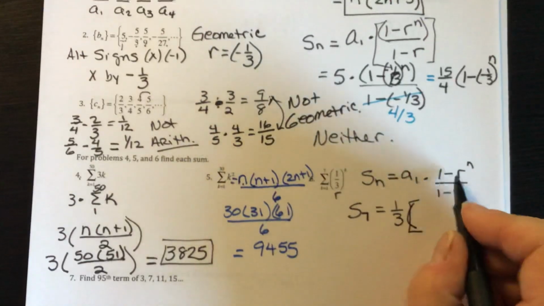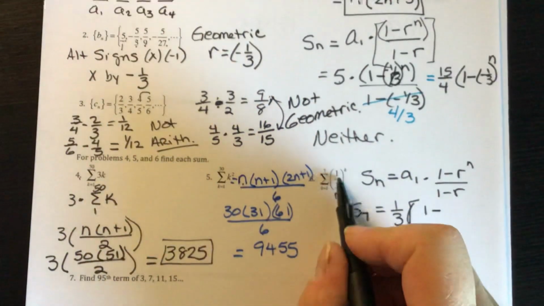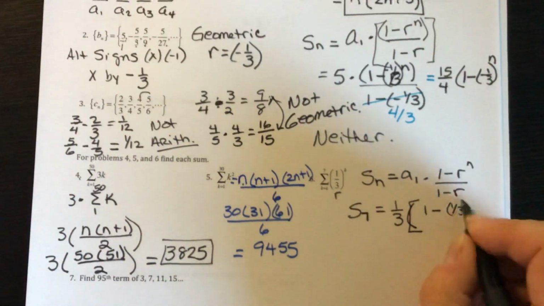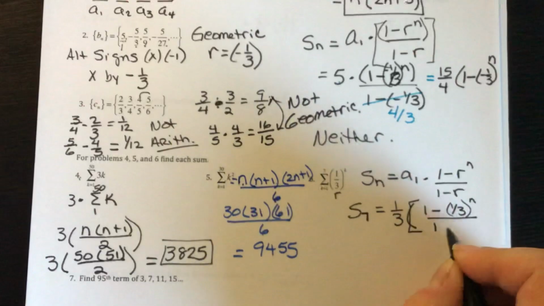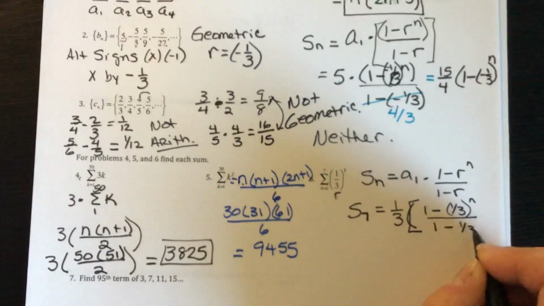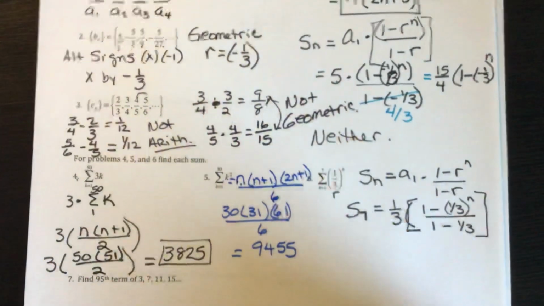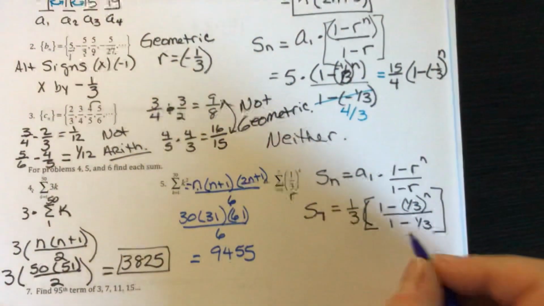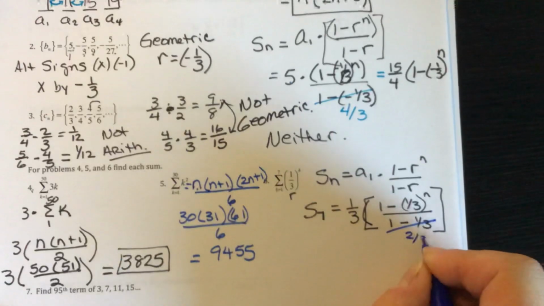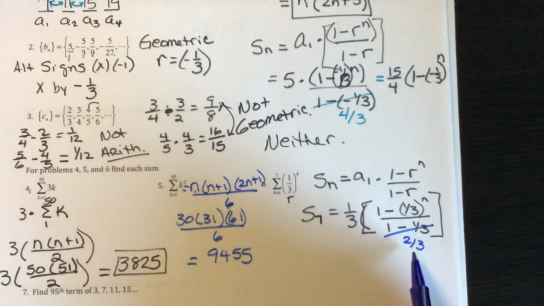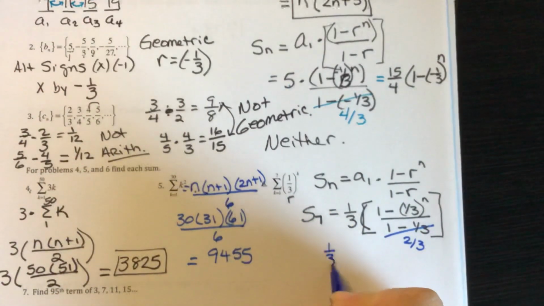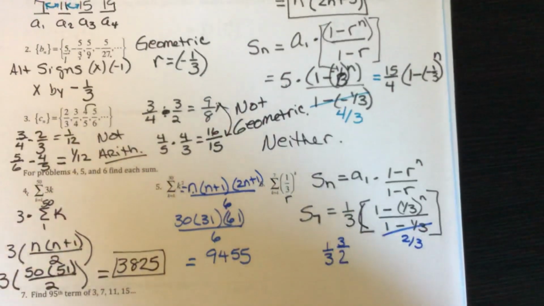And then I have 1 minus 1/3 to the n power over 1 minus 1/3. All right, so on the bottom here, I have 1 minus 1/3. This is 2/3. And since I'm dividing by 2/3, I'm actually going to bring it up and multiply 1/3 times the reciprocal of this, which is 3 over 2.